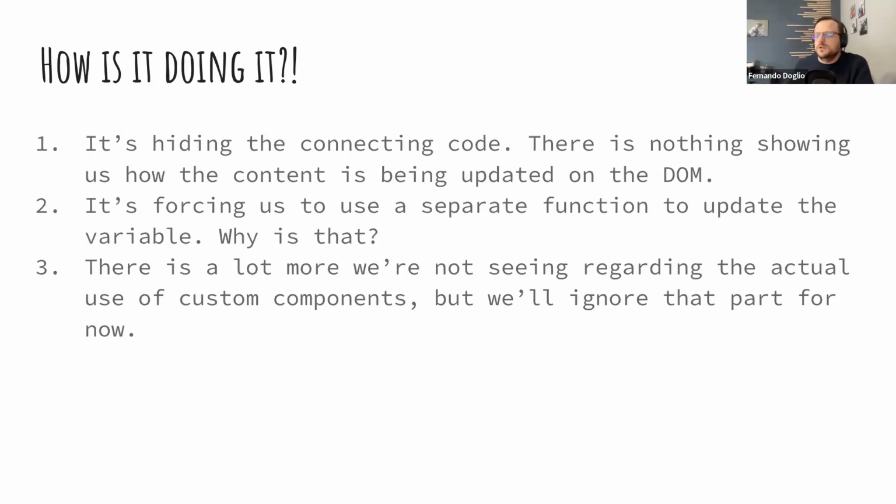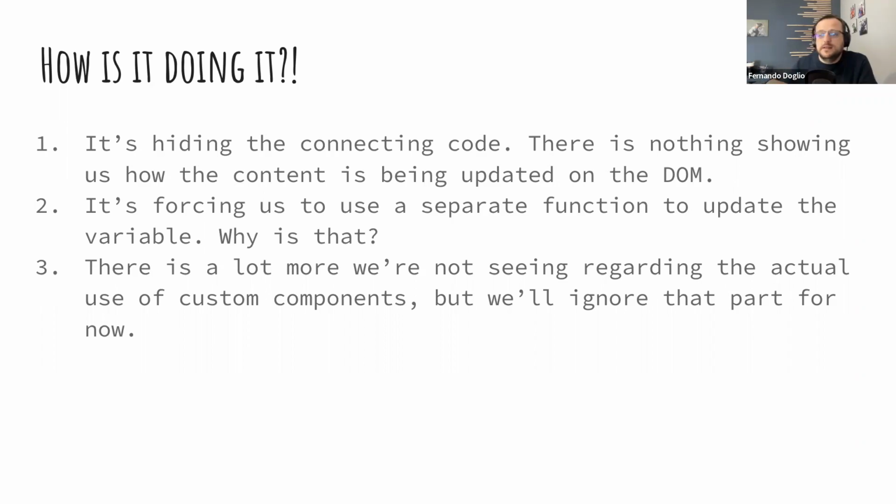So what are we not seeing? Clearly, the connecting code is being hidden. Between the moment you update your state variable and the moment that value shows up on screen, you don't know what's happening. There's no DOM API being used or anything. It's also forcing us, like I said before, to use the setter function, and we need to think about why that would be.